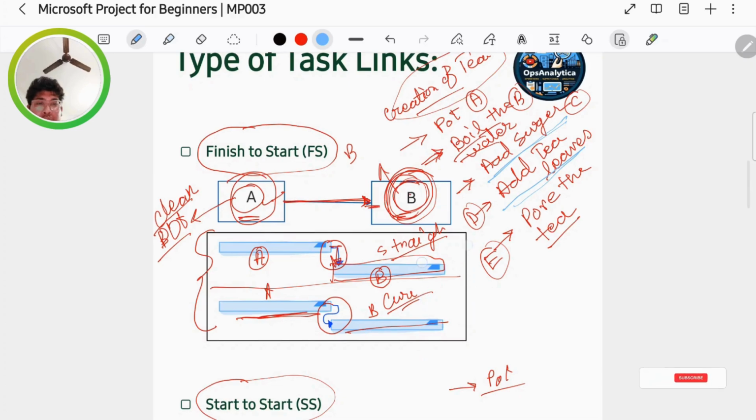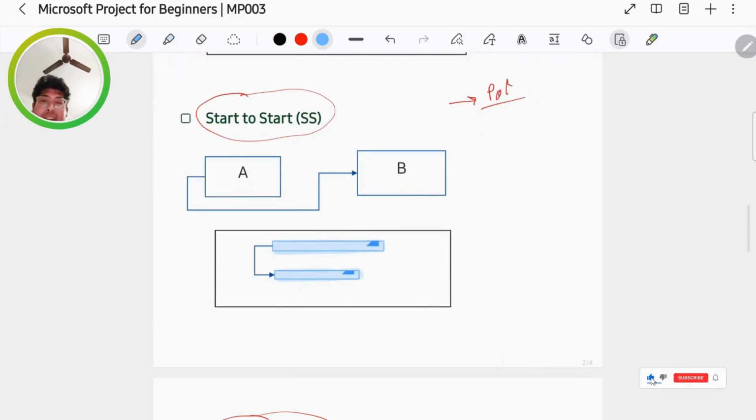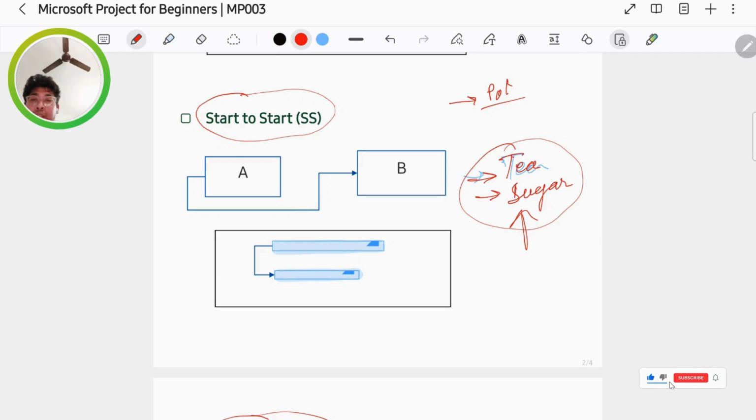It is not mandatory that we first add tea, then only we can add sugar. It is not like that. We can start both activities in parallel. That's why we call it start to start.